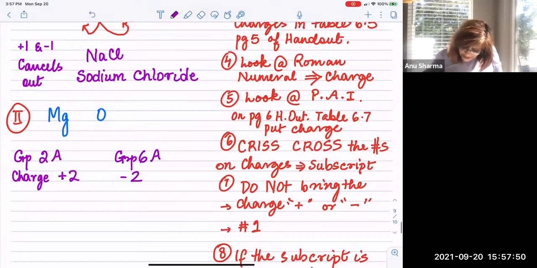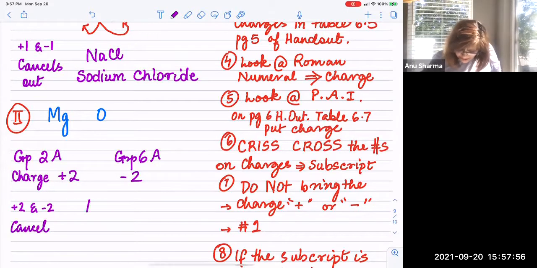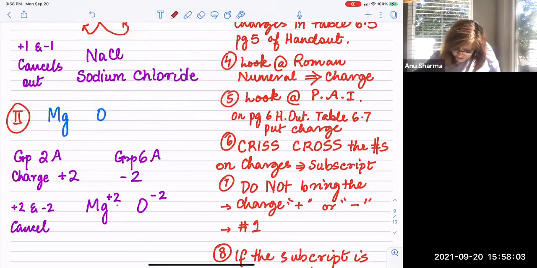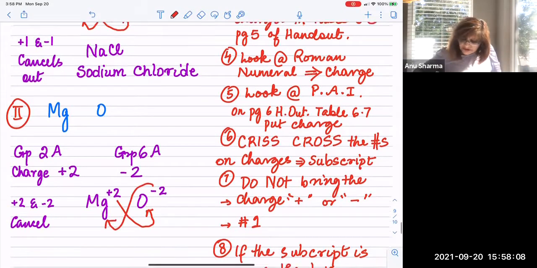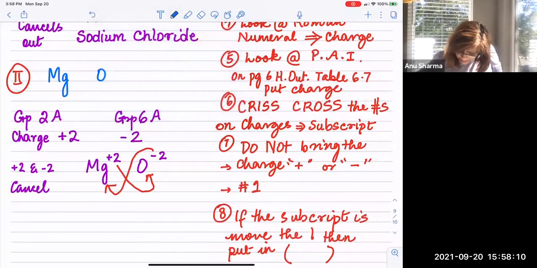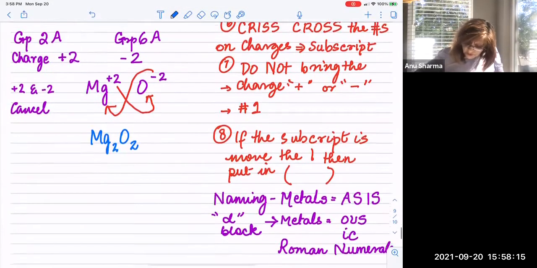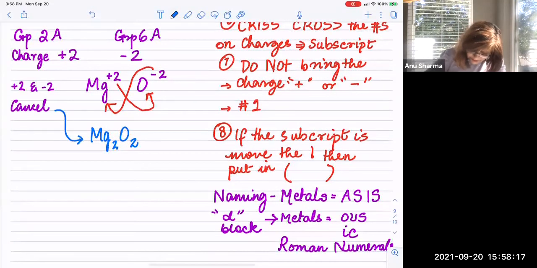Okay, so we have +2 and -2 cancelled out. So what does the formula become? If you write Mg +2, oxygen -2, and even if you crisscross, this becomes Mg2O2, but you have to cancel and simplify.